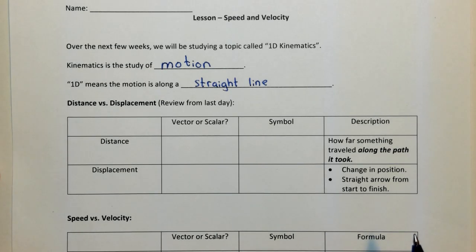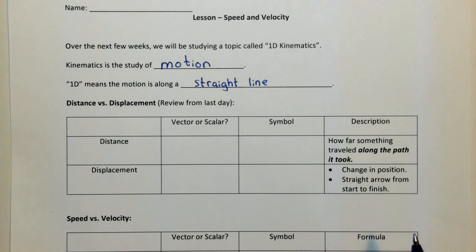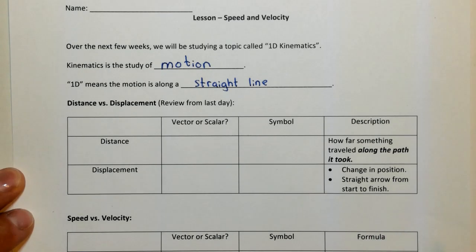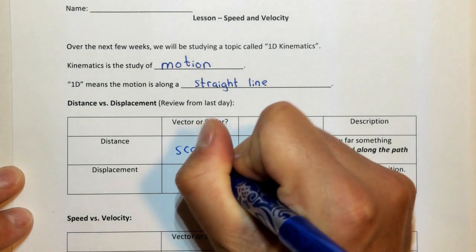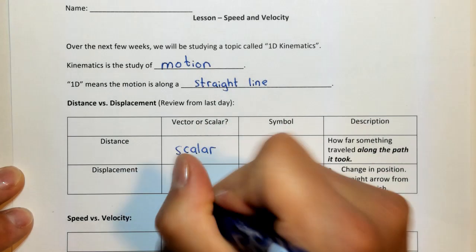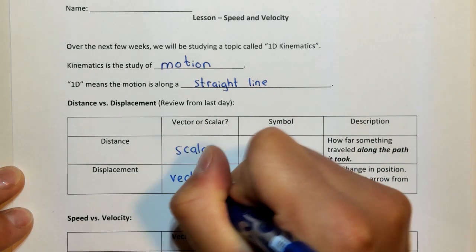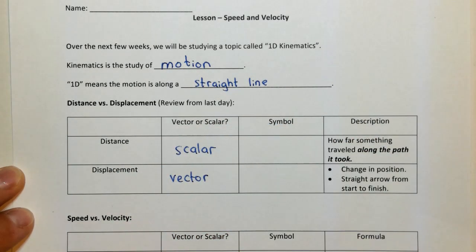So now that we know what vectors and scalars are, and we have a bit of a sense of distance and displacement, I want to just quickly review those two topics. So distance, in the last lesson, we said was a scalar, and displacement is a vector.